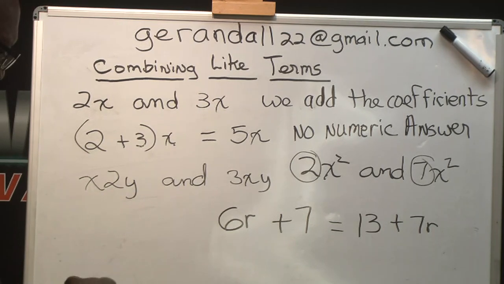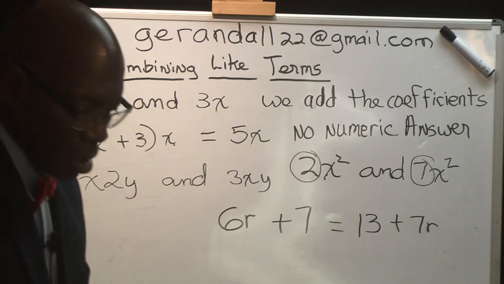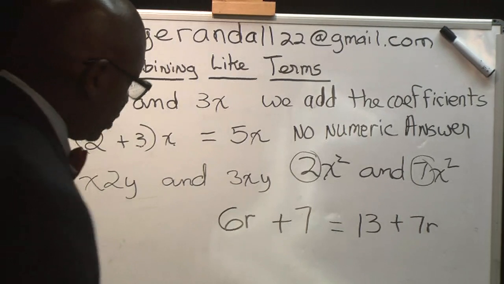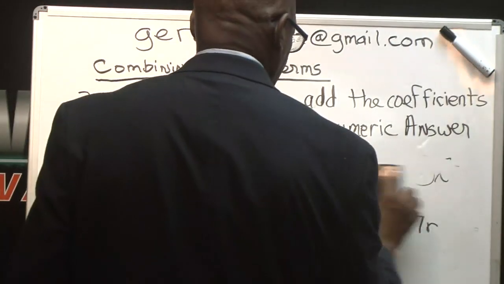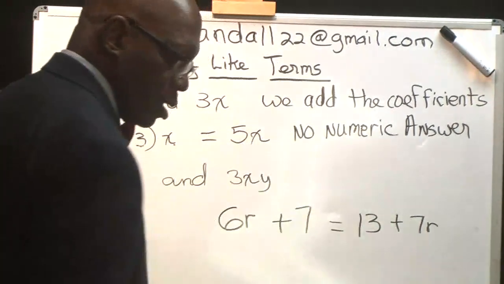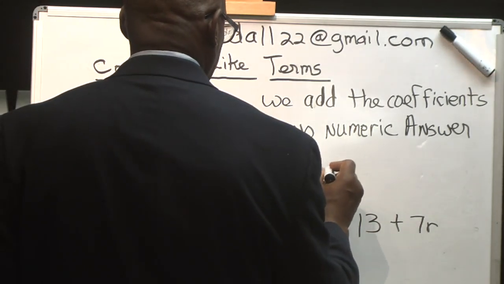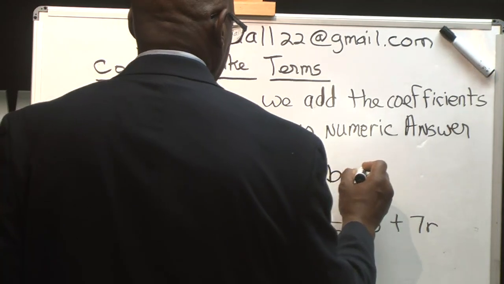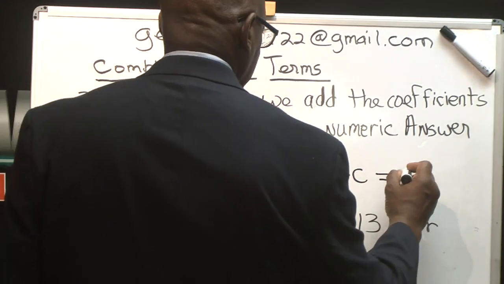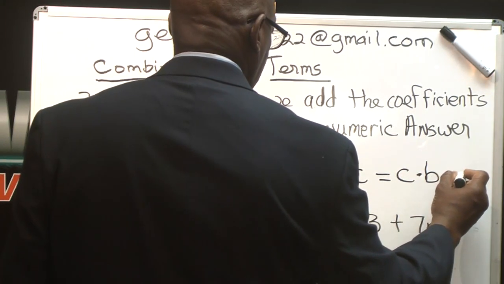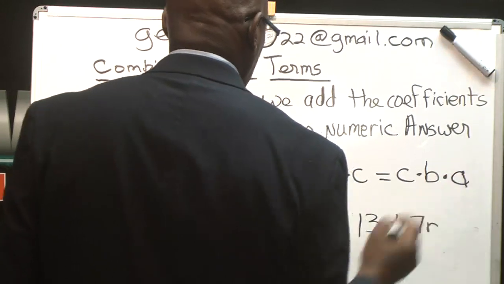Well, they really are because of the commutative property of multiplication, where if we look at this right here, we have what's called A times B times C equals C times B times A. Okay?